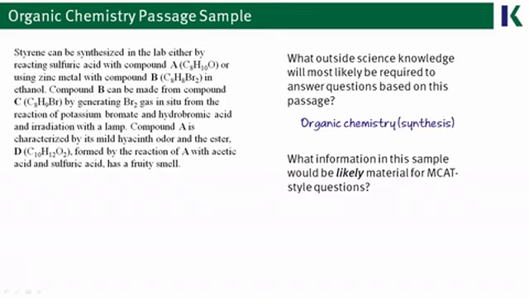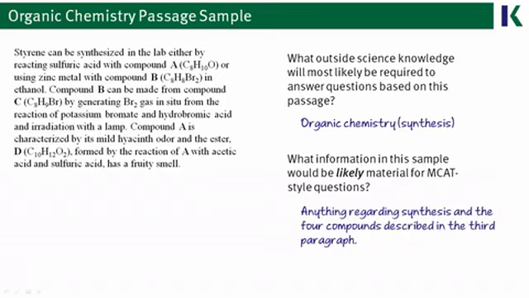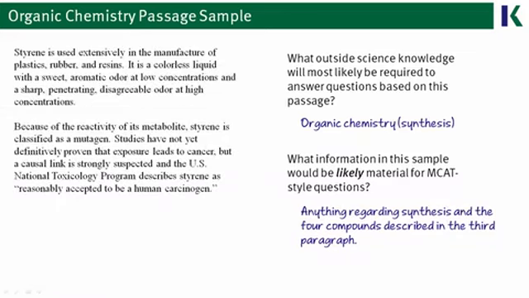And along those same lines, that 3rd paragraph is exactly what's most likely to be tested here. It is the part you can't afford to miss. But in contrast, these first 2 paragraphs, the paragraphs that hit on things like how we use styrene industrially, what it looks like even, that it's a mutagen, that it might be a carcinogen. I mean, those are important facts.